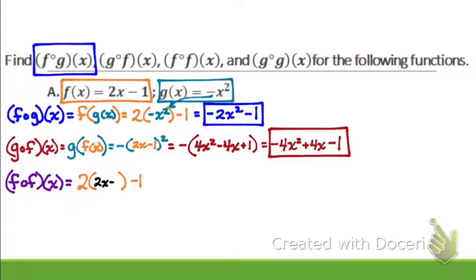And I'm going to put f of x inside itself. So then I would distribute my 2. So I get 4x minus 2 minus 1. So 4x minus 3.